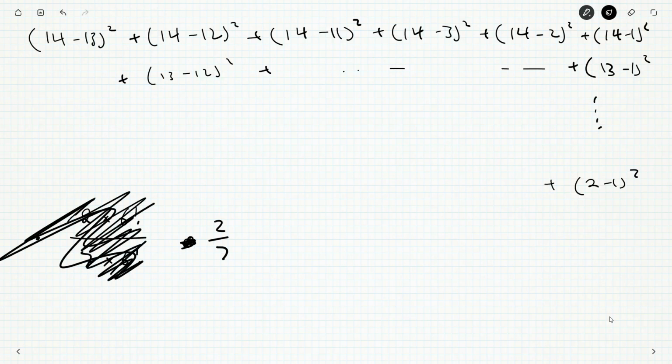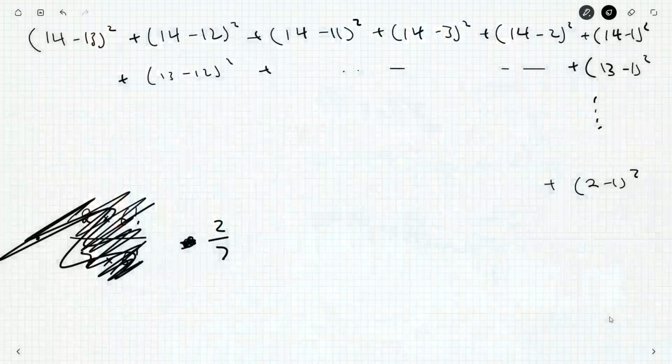And I don't think there's really a fancy way to do it, so I'm just going to grab my calculator here. You guys can watch me do this, I guess. I'll call it out as I do it. 14 minus 13 is 1, so we'll get 1 squared, 2 squared, 3 squared, 11 squared, 12 squared, 13 squared.